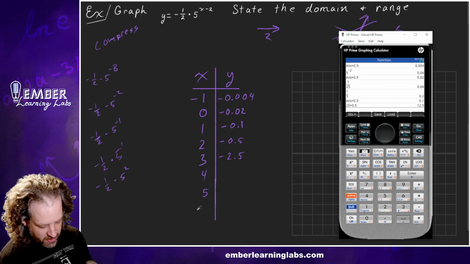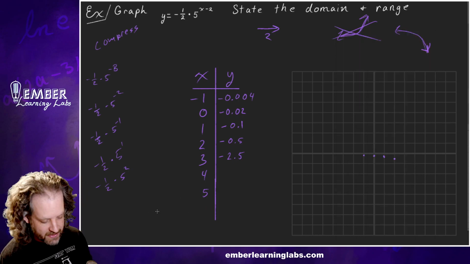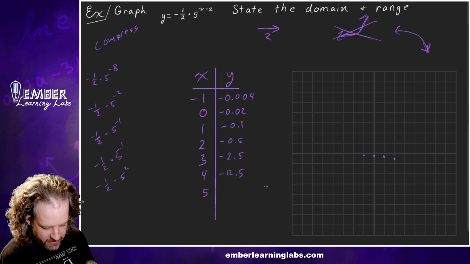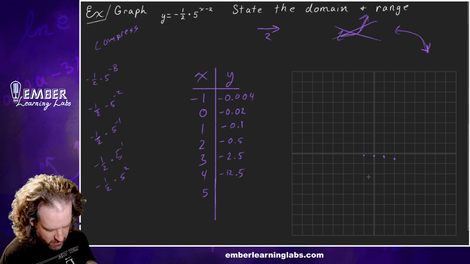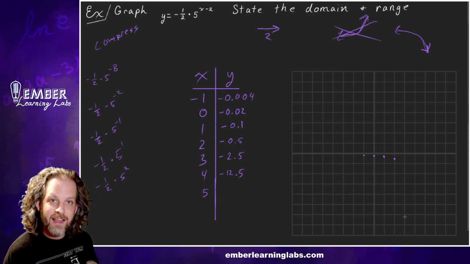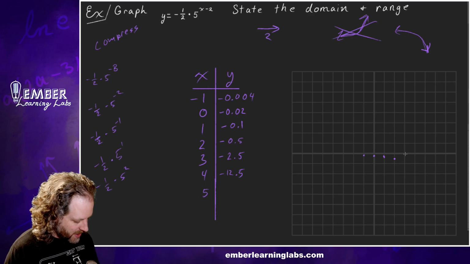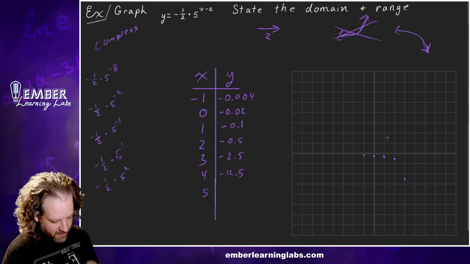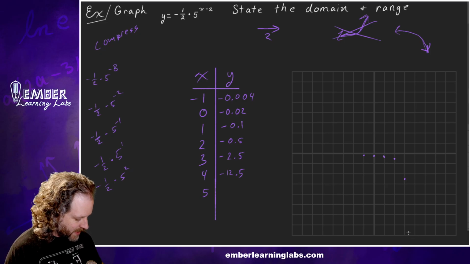So negative 12.5. That's great. I think that's plenty. So negative 12.5 at 4. At 3, I was like, what? Because I didn't put 3 and 1, 2.5. And then 4 is negative 12.5, so way down there.